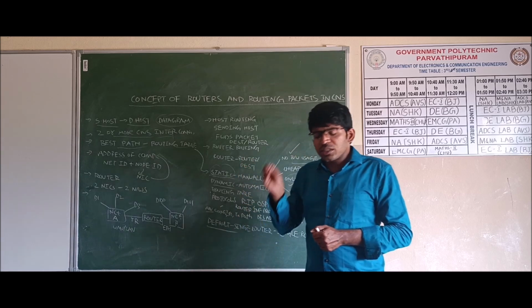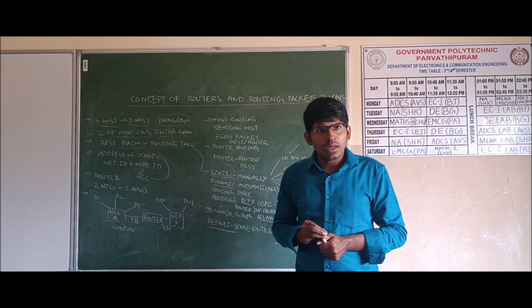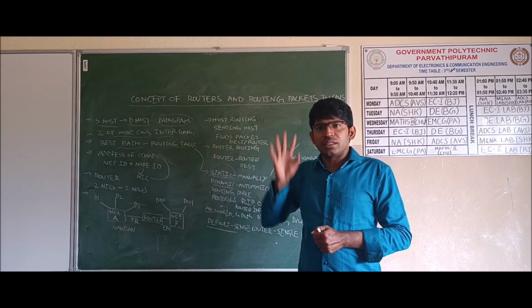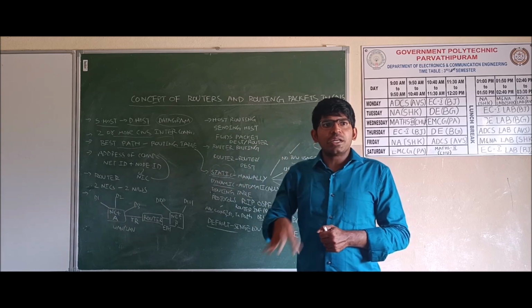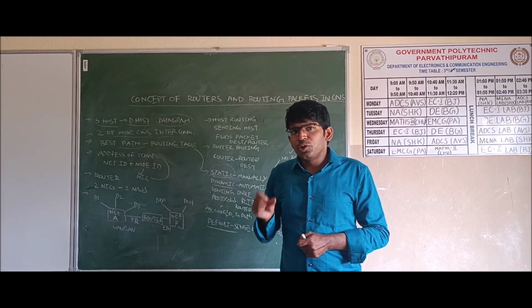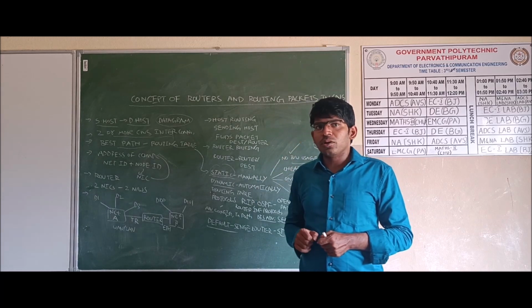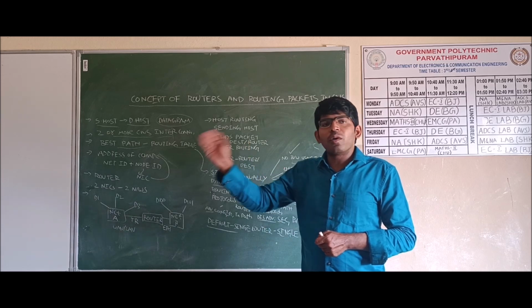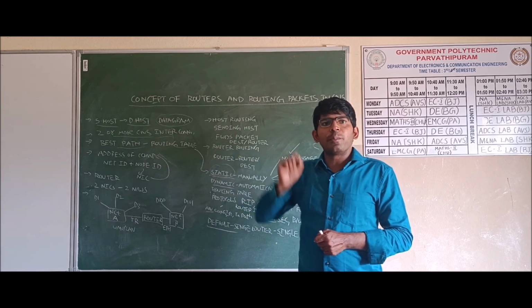But the disadvantage with static routing is that if the administrator changes and a new network administrator comes, then a problem will come. The new network administrator does not know from what network to what network the path was defined.